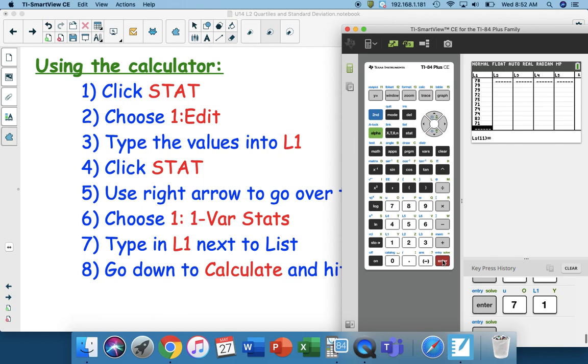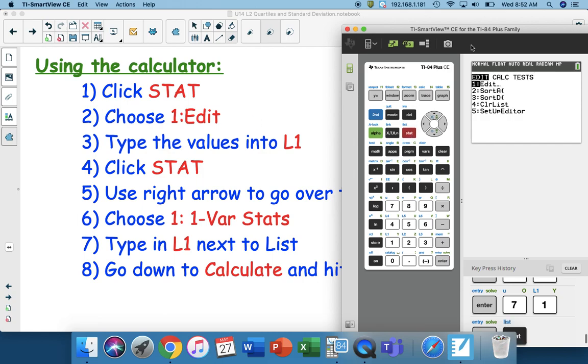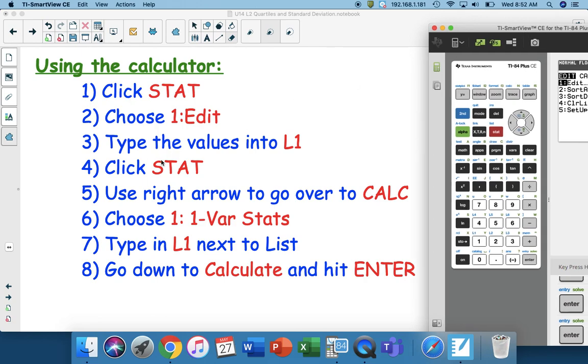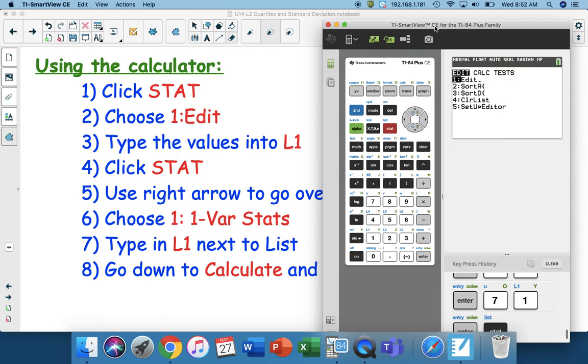Now, after I type the values into L1, I press stat again. Step 5 says use the right arrow to go over to calc. So that means up here where you see edit in a black box, you want to go on to calc. So press the right arrow. Now you're on calc.